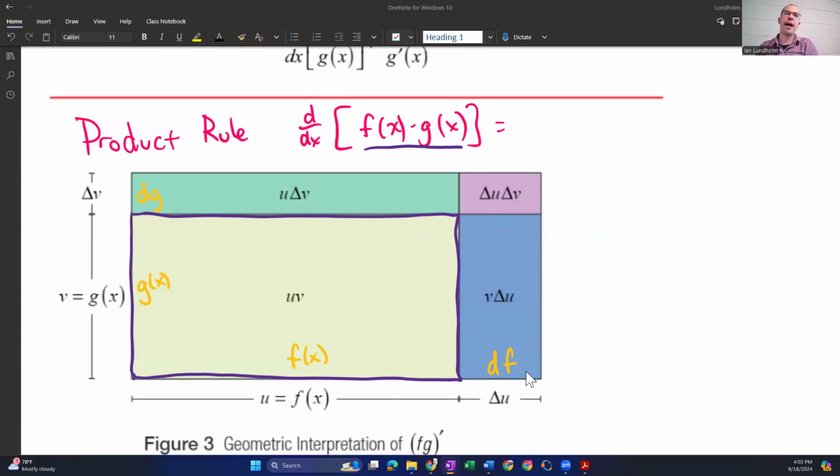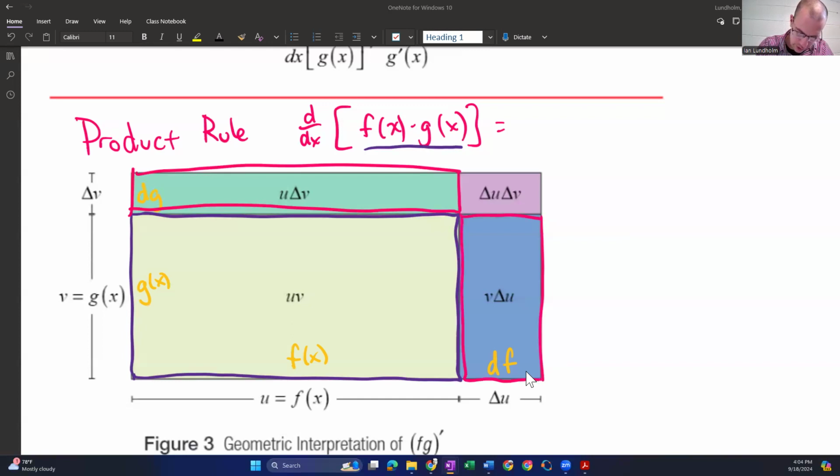And remember from those other ones, the real change that is happening here can be captured by the two rectangles that are long and skinny. These ones are the important ones for the product rule. And so the one on the top, if we look at the dimensions of this green rectangle, we've got f of x as one dimension and dg as the other.